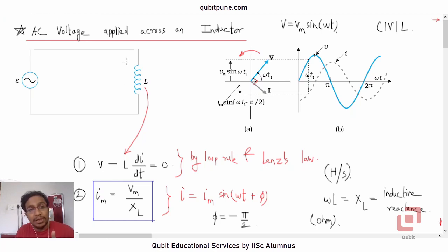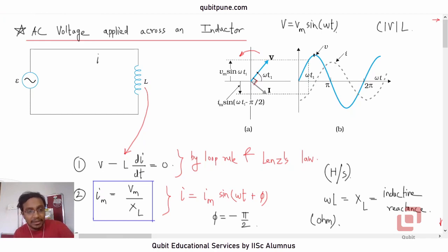What will happen to the current flowing inside? You can't show the direction here, but let's say this is the current flowing through the inductor or through the circuit. The sense of this voltage, let's say it's positive in this way. Current is going to peak after some time in the same cycle. When will it peak?